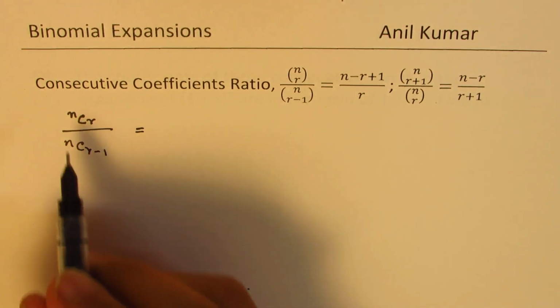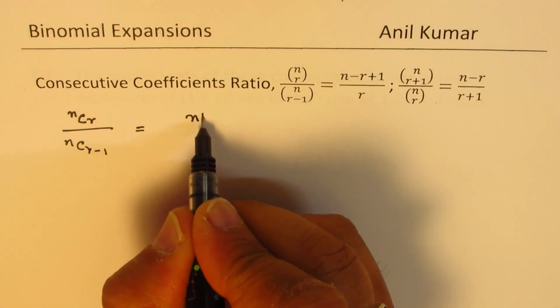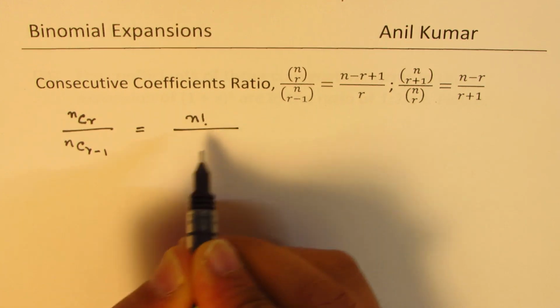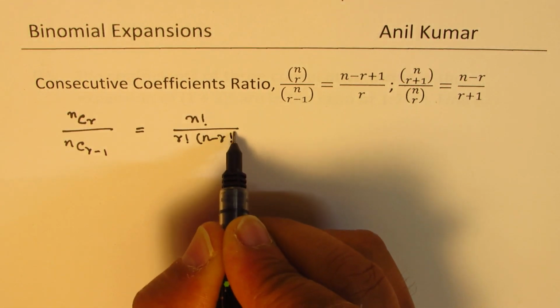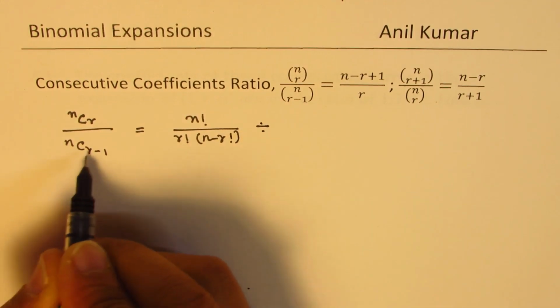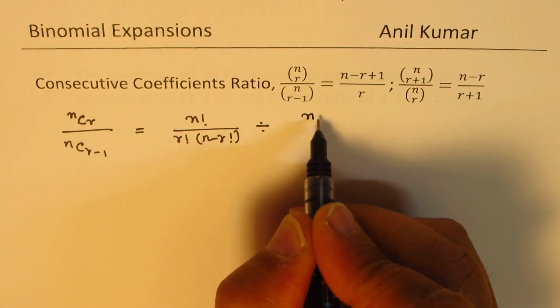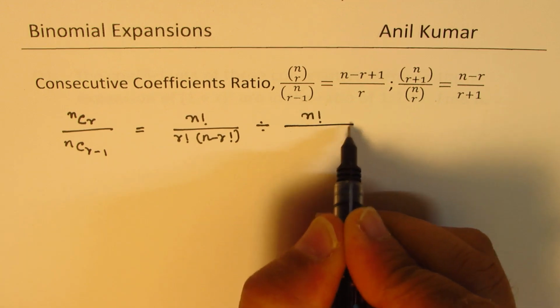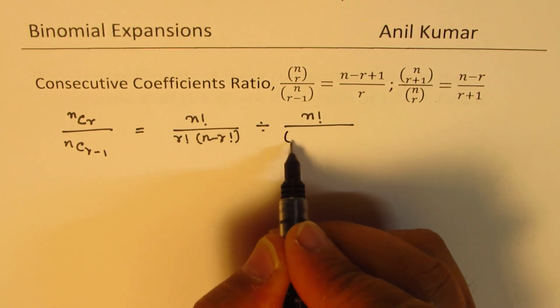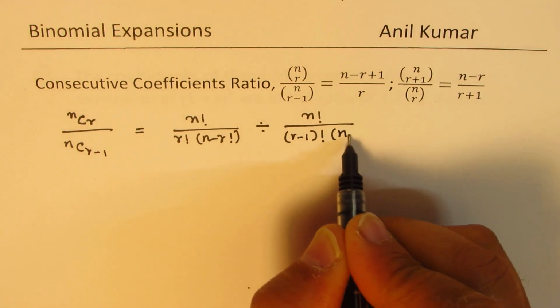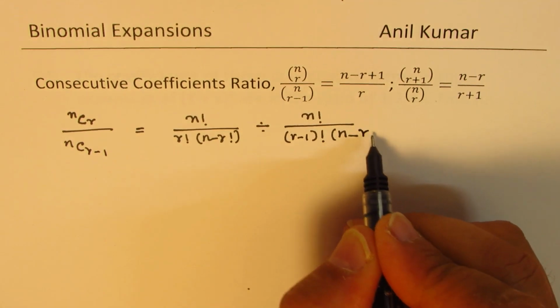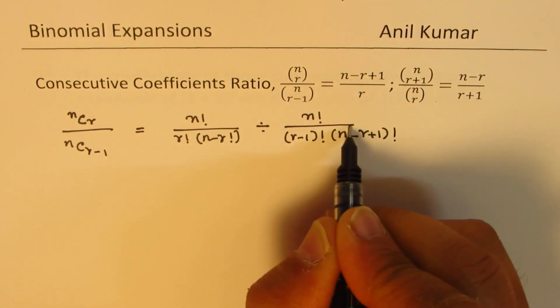As we saw, nCr could be written as n factorial divided by r factorial times n minus r factorial, right? Divided by this term, which is n factorial over r minus 1 factorial times n minus this, n minus r, it becomes plus 1, right?